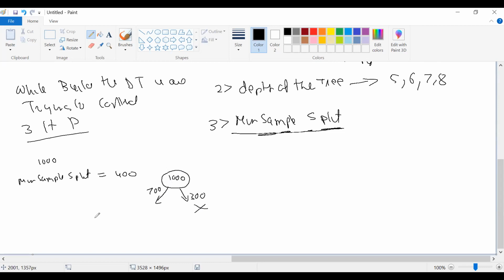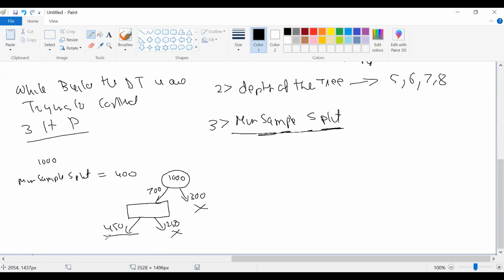Now this tree will stop to grow, this branch. This 700 can still just keep on growing. Out of these 700, let me say some 450 come this side and 250 come this side. Now minimum sample split is 400, so this will stop to grow. This 450 can still split.